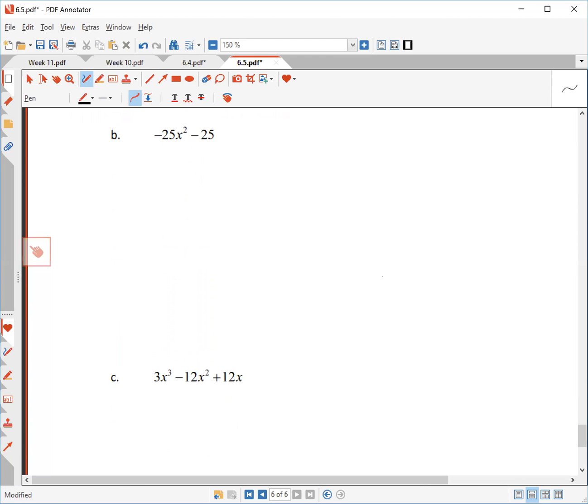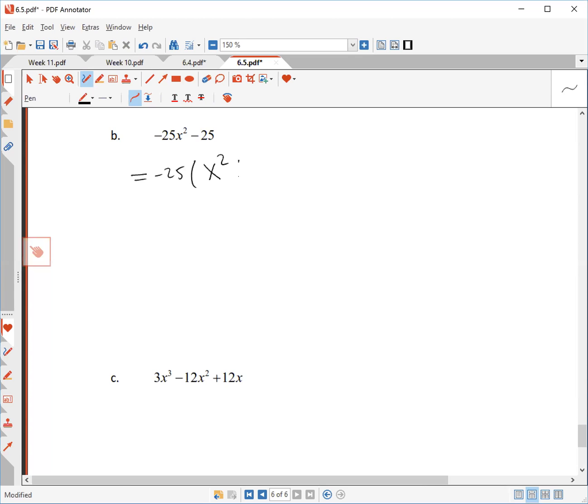What about that one? Letter B, negative 25x squared minus 25. That's good. We have a negative 25 that comes out.